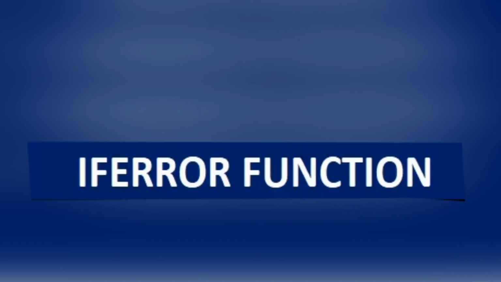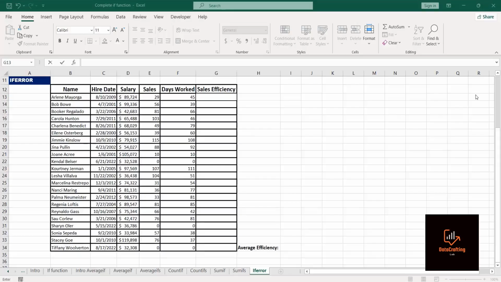Now the next thing we'll be discussing is the IFERROR. Now this IFERROR returns a value you specify if a formula evaluates to an error, otherwise it returns the result of the formula. Now you get to understand with the aid of example. If you look at this asset I have here, we have names, hire date, salary, sales, days worked, sales efficiency.